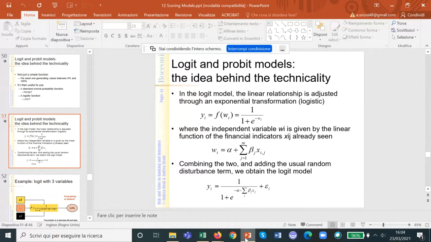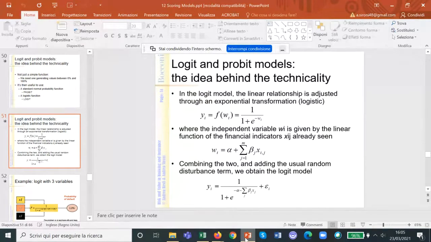So the idea is that the dependent variable y is the result of a function that you can see in the final equation, whereby basically the linear relationship is actually adjusted through an exponential transformation, a logistic transformation. So the independent variable wi is given by the linear function that we saw before, and combining the two, we obtain the logit model, okay?